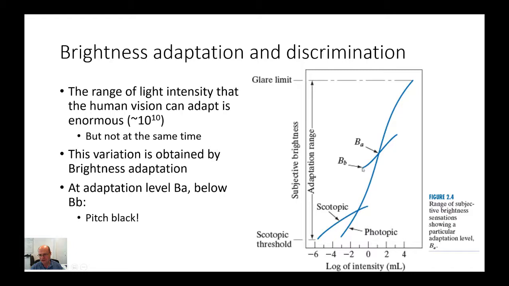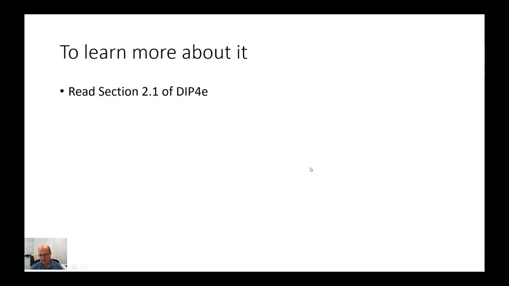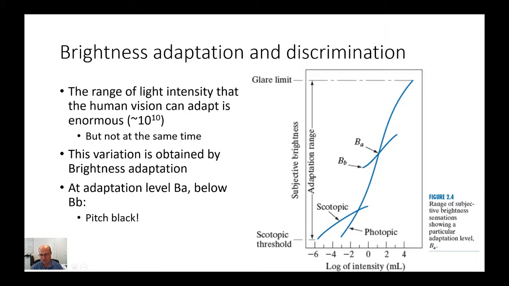The very dark is a point here, let's say a point X, and the very bright is a point Y here. If you are in a dark room down here, your perception of what is very dark will be another point here that's lower than this initial one. So your notion of pitch black and very bright changes with respect to the environment.